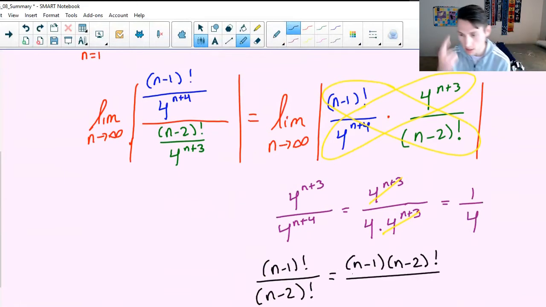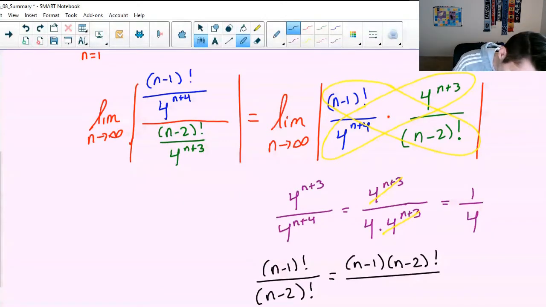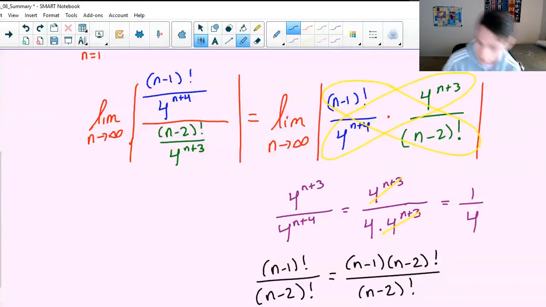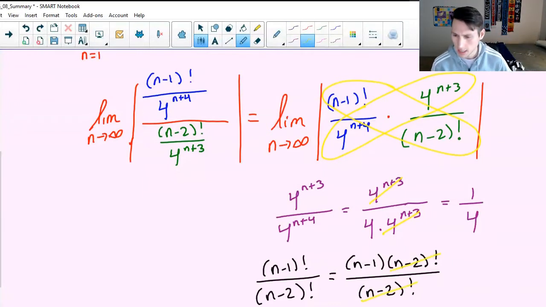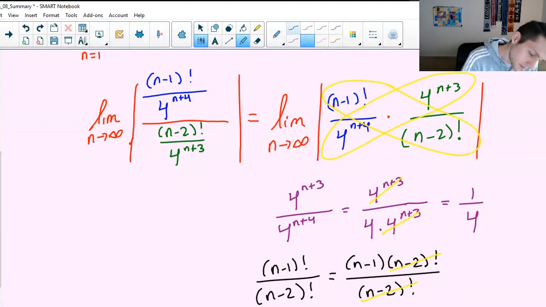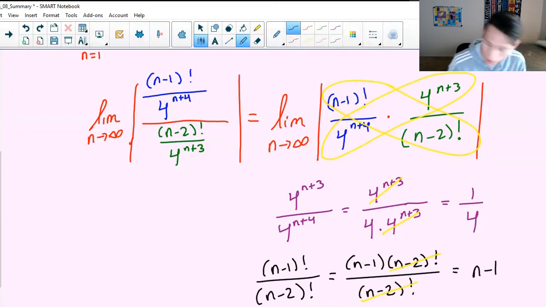So I was thinking about it as plus signs. Yes, exactly. You nailed it. All right, I was thinking about plus signs. All right, so yeah, do be careful about how the factorial works and which one. So the n minus 2 factorials would cancel. Just leaving me with n minus 1.